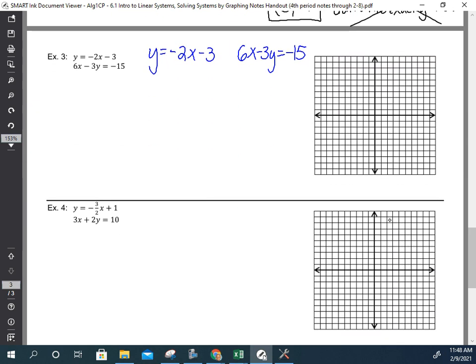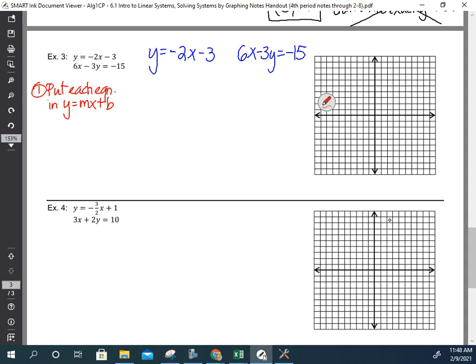But let's go on to example 3. So example 3, we have y equals negative 2x minus 3, and 6x minus 3y equals negative 15. Remember, your first step is to put each equation in y equals mx plus b form.